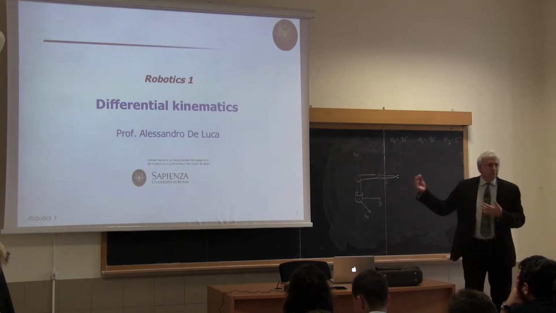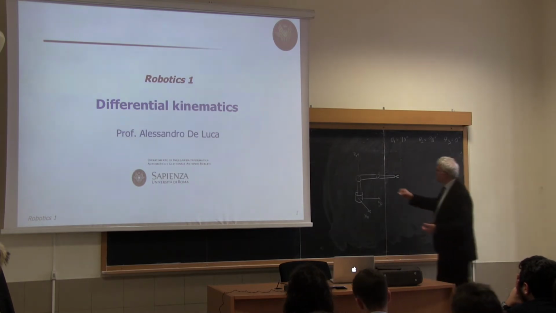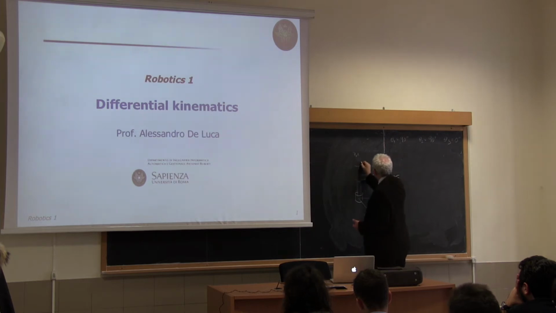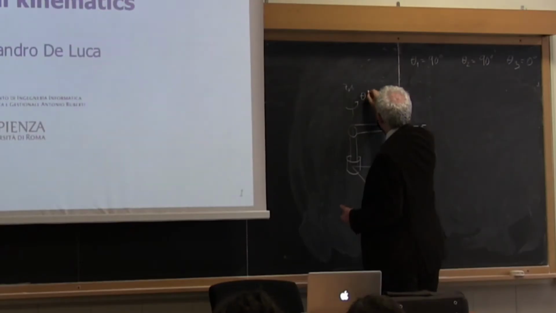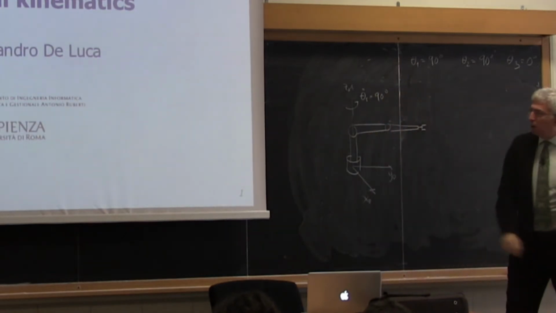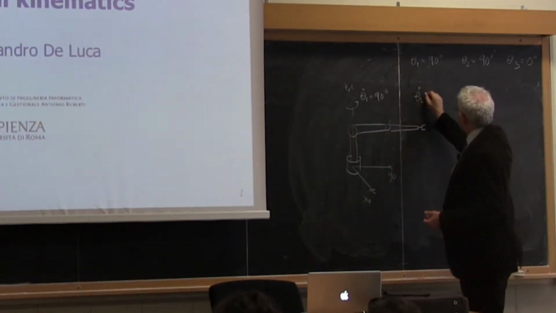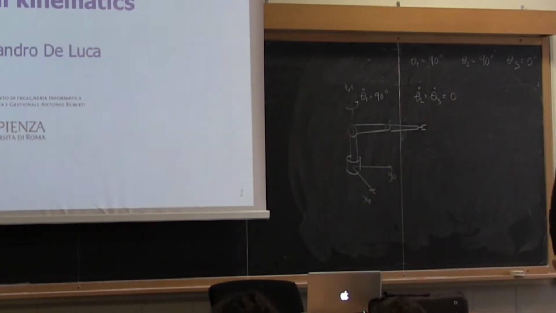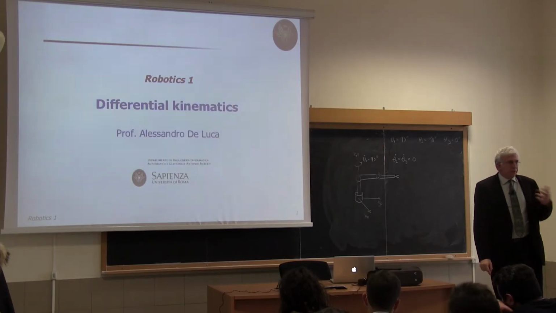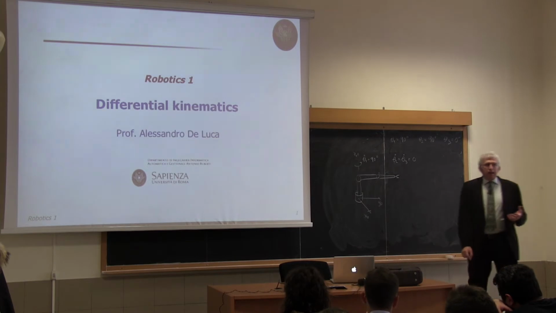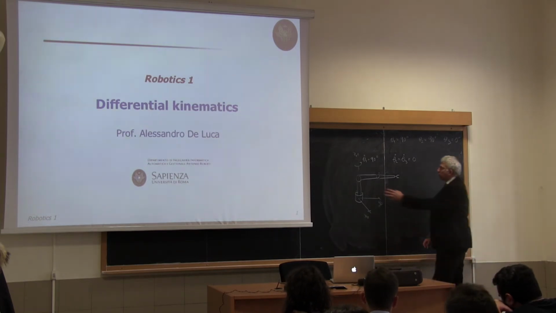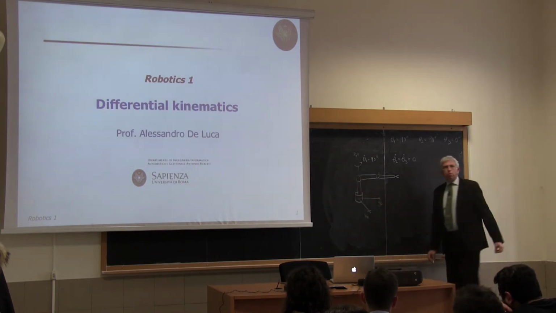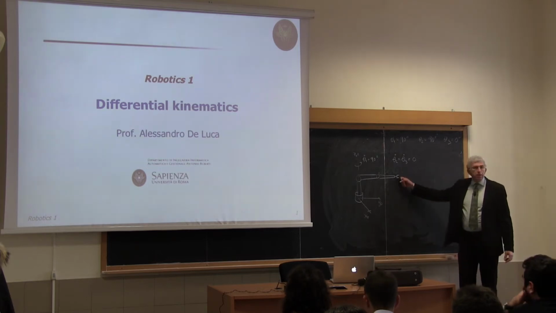So let's give some velocity. For instance, let's say that this joint is moving with a velocity of 90 degrees, while theta 2 dot and theta 3 dot are being held in the same configuration. Okay? So differential kinematics requires us to know what happens to the end effector due to this motion in the joint space.